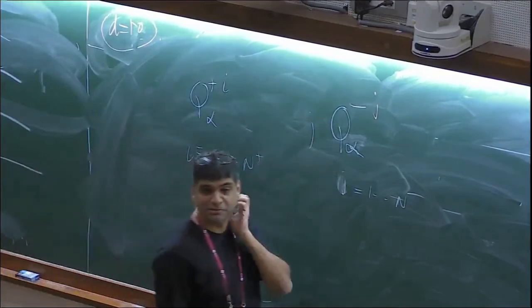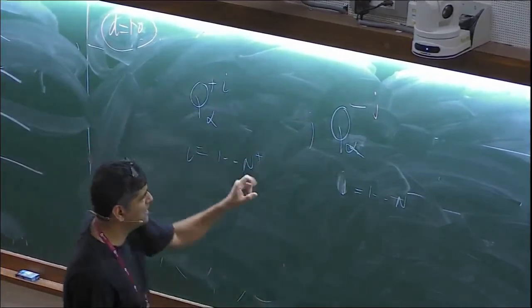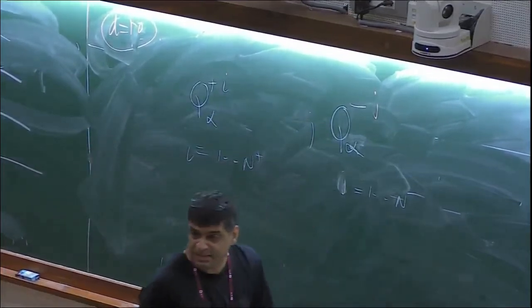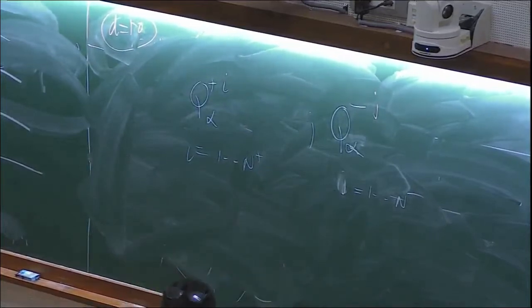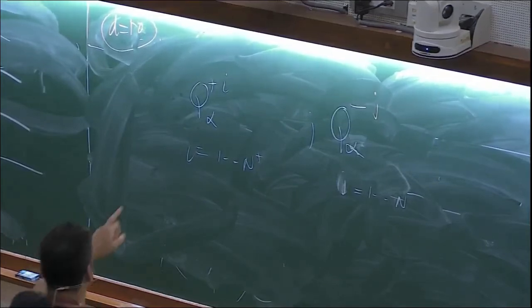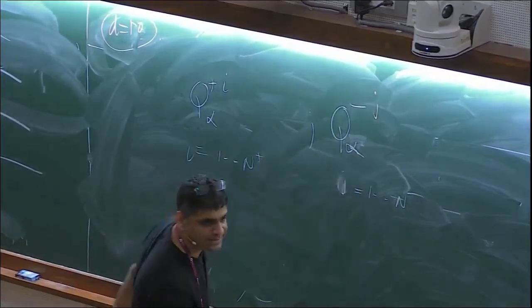I have to choose n plus and n minus: a theory with n plus chiral supersymmetries and n minus anti-chiral supersymmetries. Different choices of n plus and n minus give us different supersymmetry algebras. Alpha is a chiral spin index, and this alpha is an anti-chiral spin index.